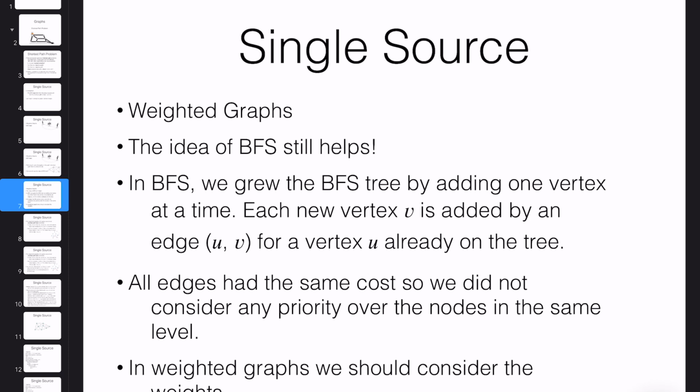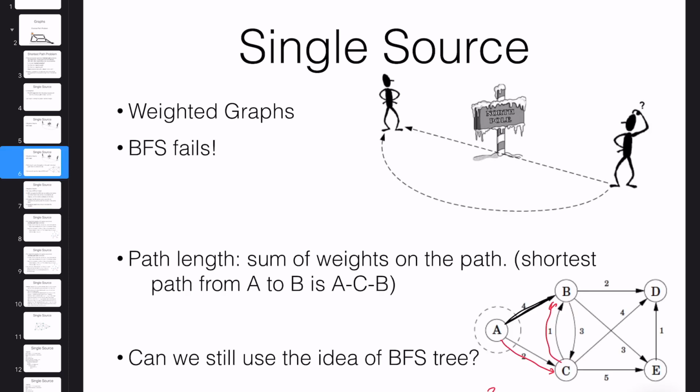So in the previous example that we had, this graph here, let me just erase these drawings. Okay, so when we start from our source node A, you don't visit B and C both at the same time.